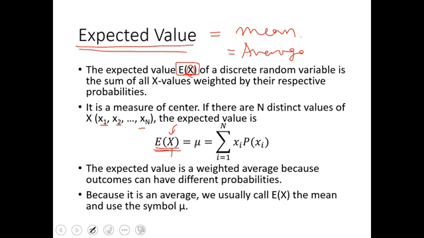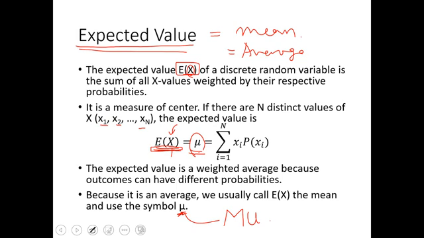The mean of X, the expected value, is denoted by mu. This symbol is pronounced mu. It is a Greek letter.